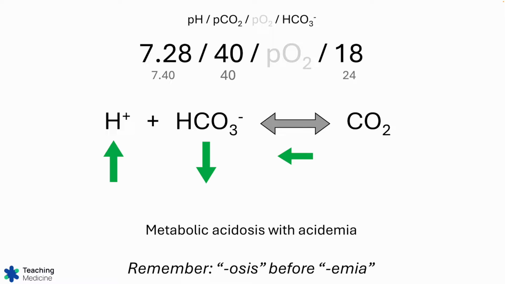And this is going to give us a metabolic acidosis because the bicarb is the primary process here, so it's going to be metabolic acidosis with acidemia because the pH is again on the acidic side of 7.40.